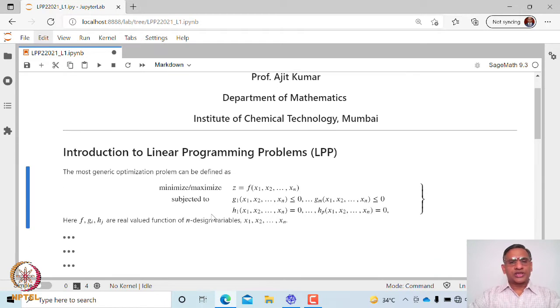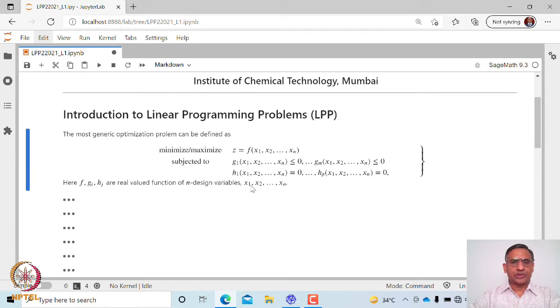First of all, let us recall a generic optimization problem can be defined as follows. Maximize or minimize a function z, which is a function of n variables, let us say x1, x2, xn. We call them design variables, subject to certain constraints.